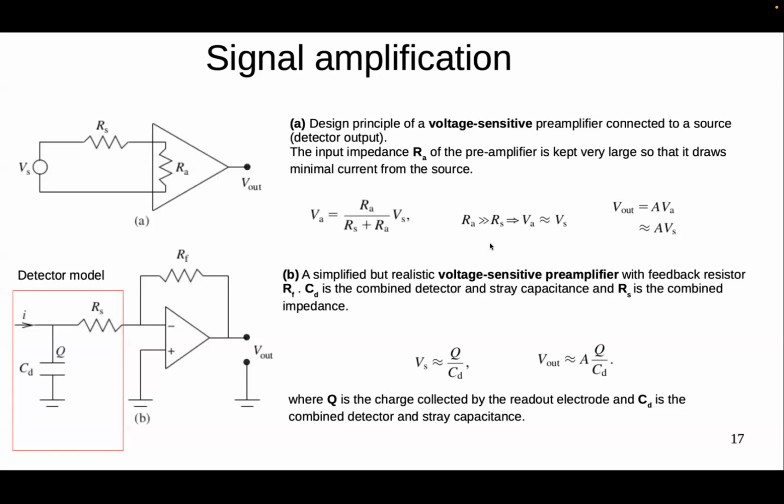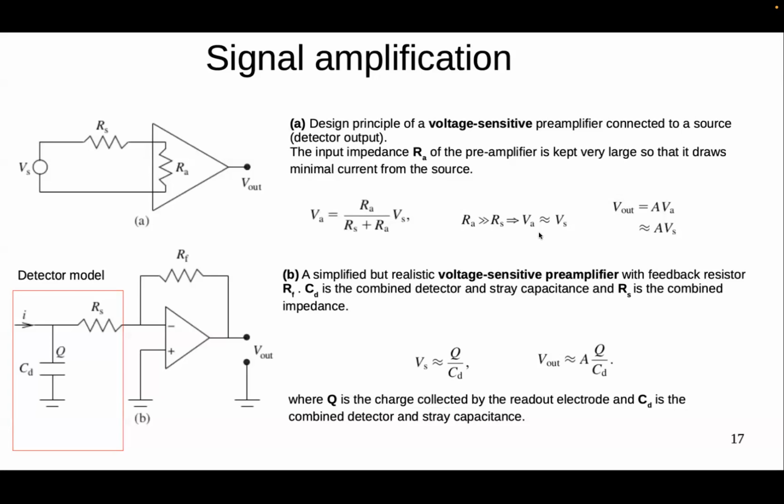So if we consider the ideal case where the op amp input resistance is infinite, or much larger than the resistance of the source or the detector, we say that the voltage at the input is the same as the voltage at the source.